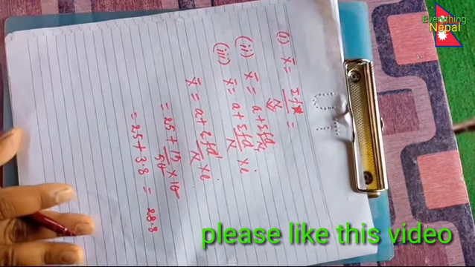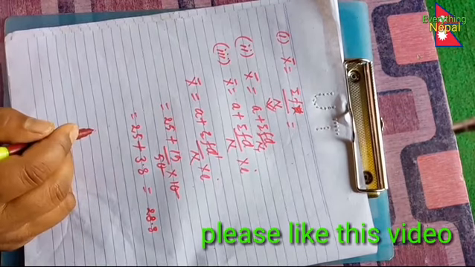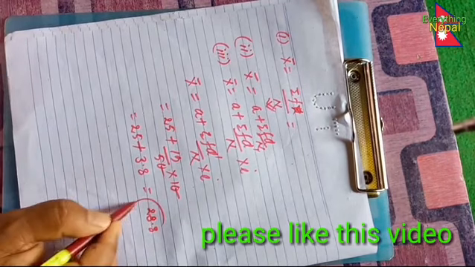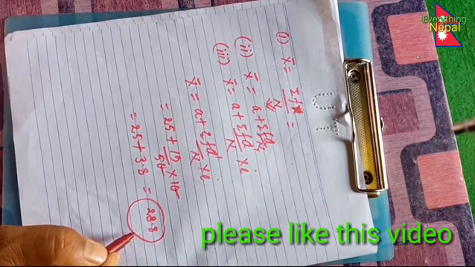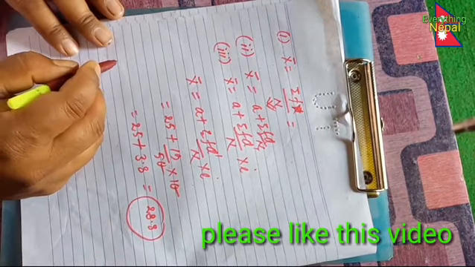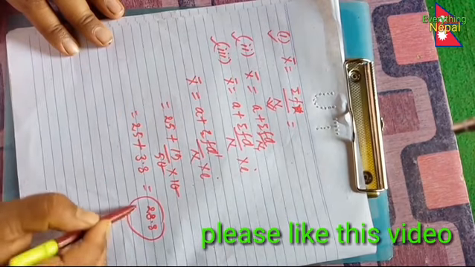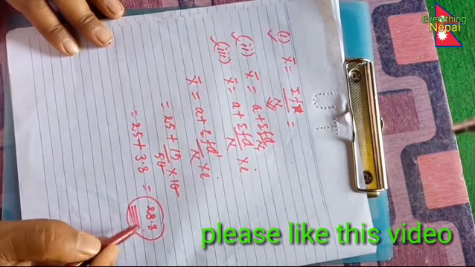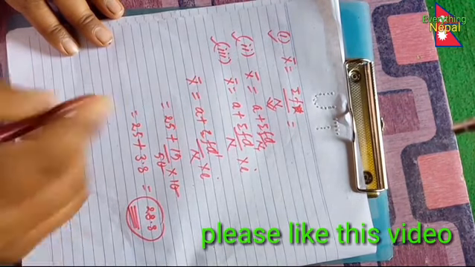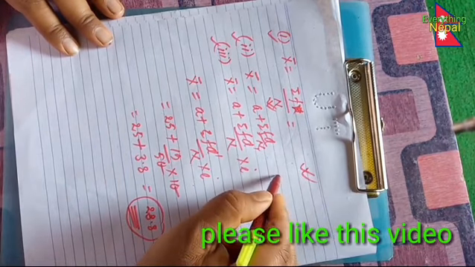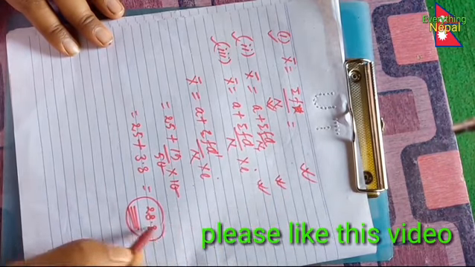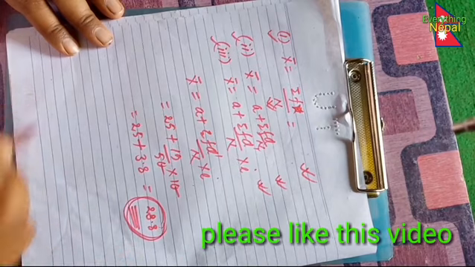So by using all of these formulas we get the same value, that is 28.8. Though we have not used all these formulas here, when we solve from all these formulas we get the same value, 28.8.